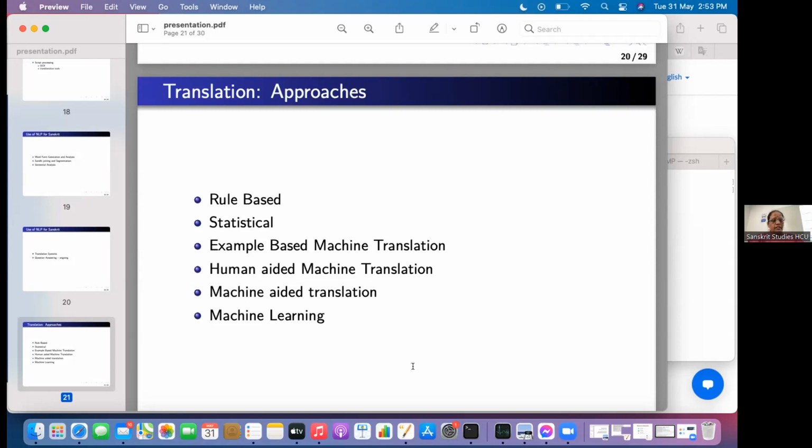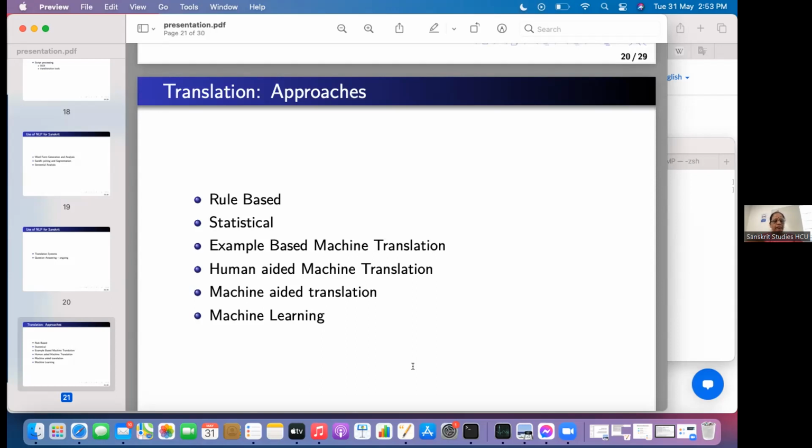So under translation, we have several approaches, as I have mentioned earlier also. Way back in 1940s or 50s, the machine translation system started getting developed. And in those days, it was a grammar-based or rule-based approach. Then statistics came into being.